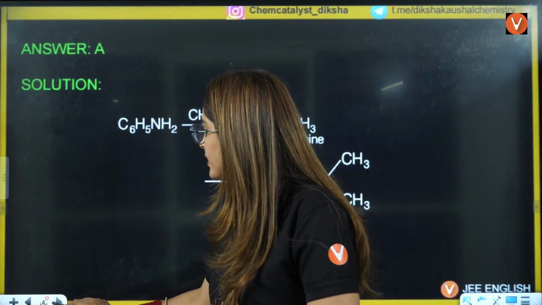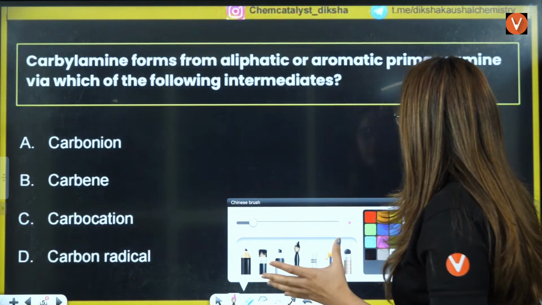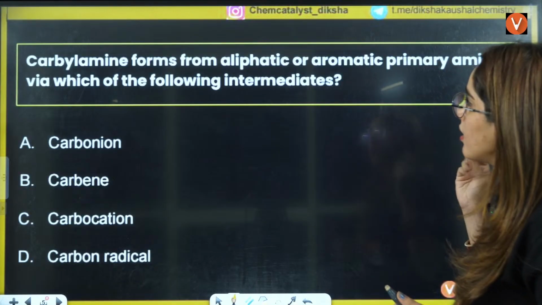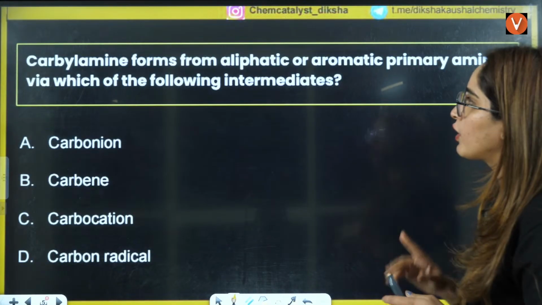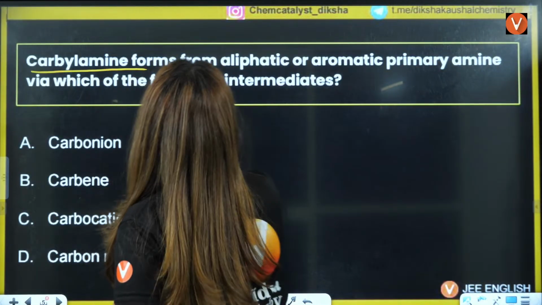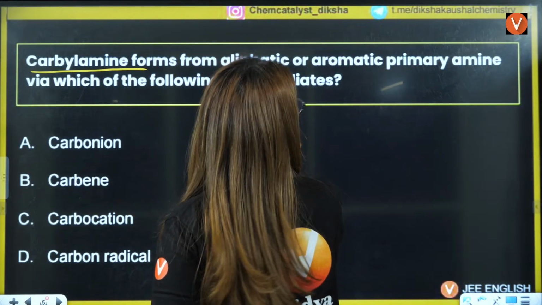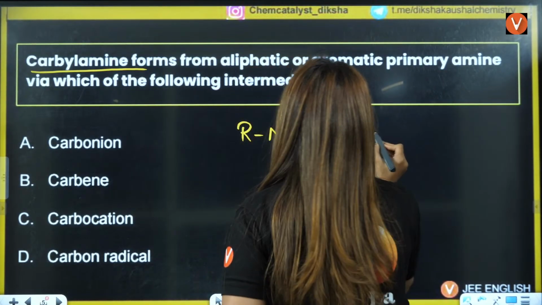Okay, next question: carbylamine forms from aliphatic or aromatic primary amine via which of the following intermediates? If you talk about carbylamine, we know that from a primary amine, RNC is formed.